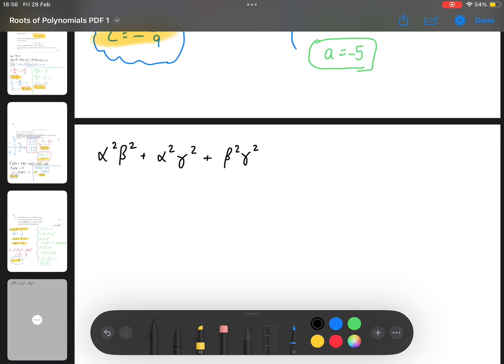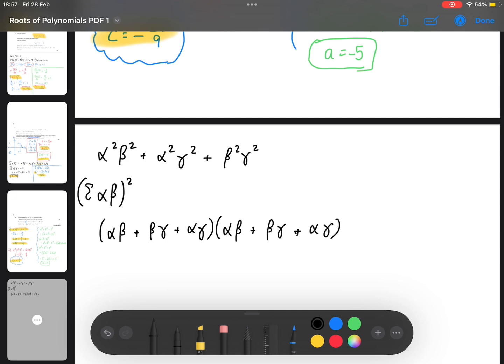If we square the initial sum of product pairs, so we have the sum of the alpha betas all squared, then that's alpha beta plus beta gamma plus alpha gamma times itself, which I'll just write out here so that you can see more clearly where the terms are going to come from.